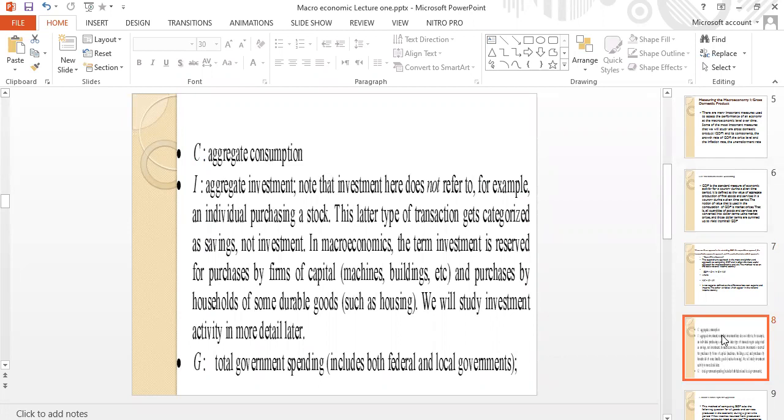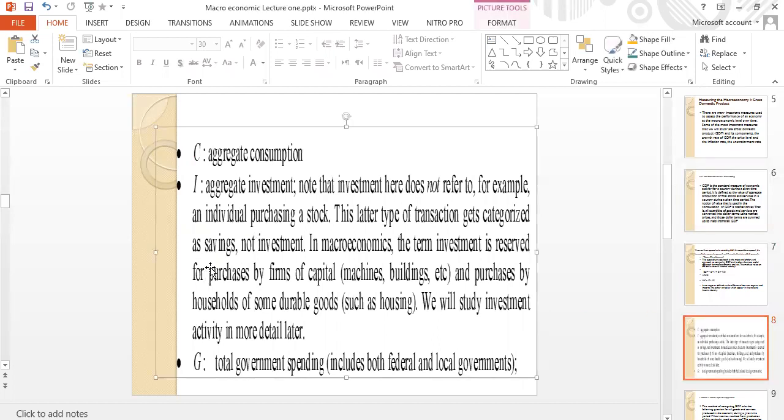I is aggregate investment, and this is not investment like buying stocks or bonds, but purchases by firms of capital, like machines, buildings, and all of these capital goods, and purchases by households of durable goods like housing. Durable goods are goods that can be used over the long term.